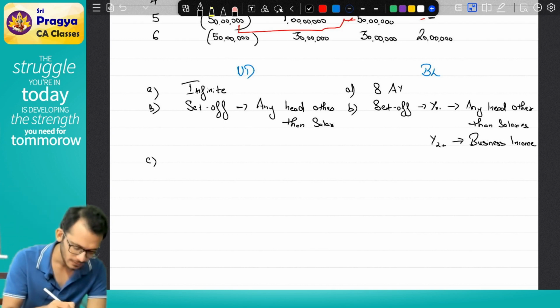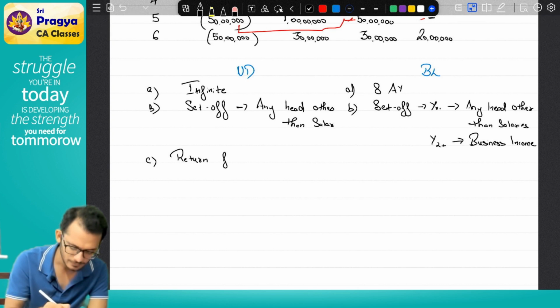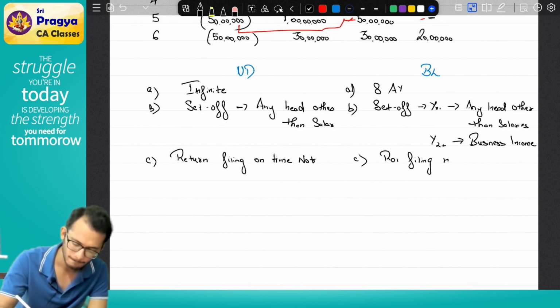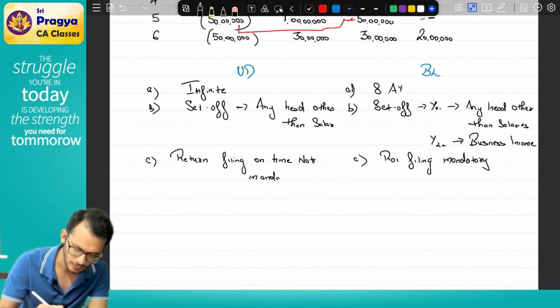Case number 3, return filing on time is not mandatory.